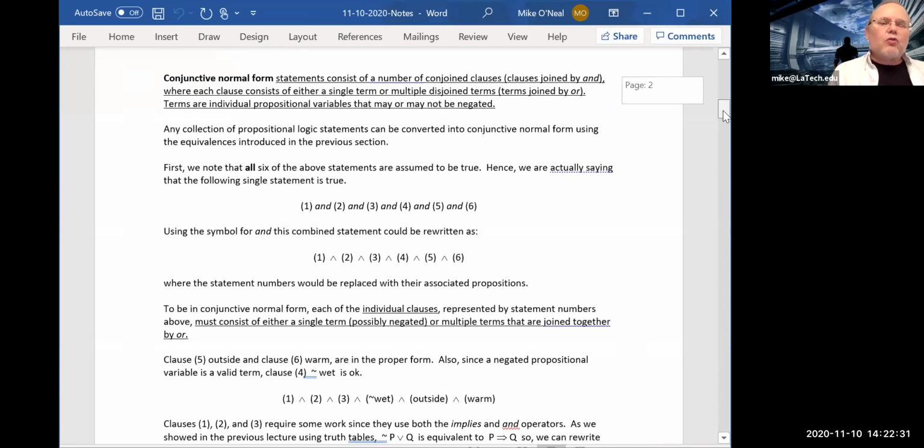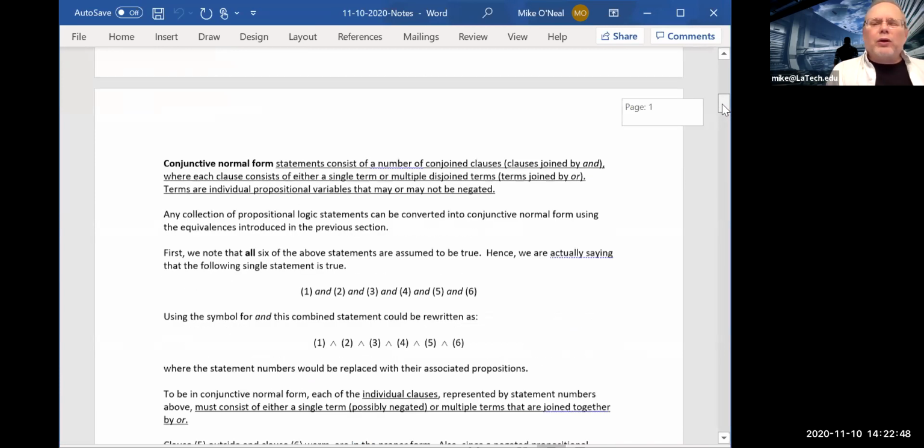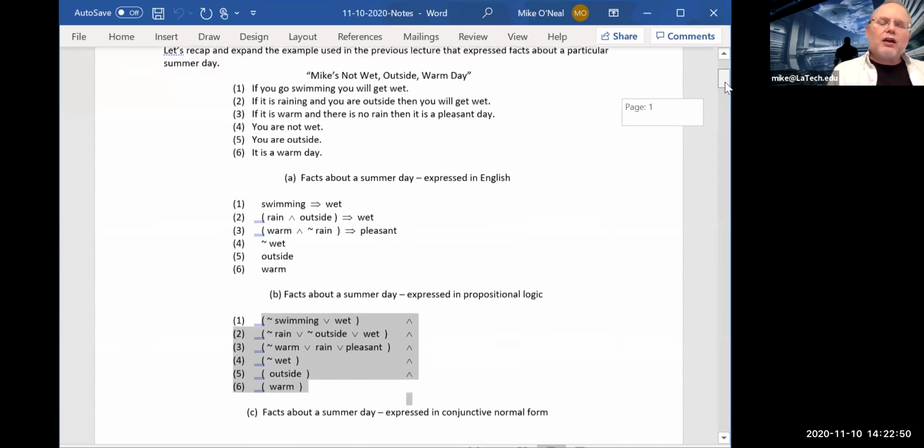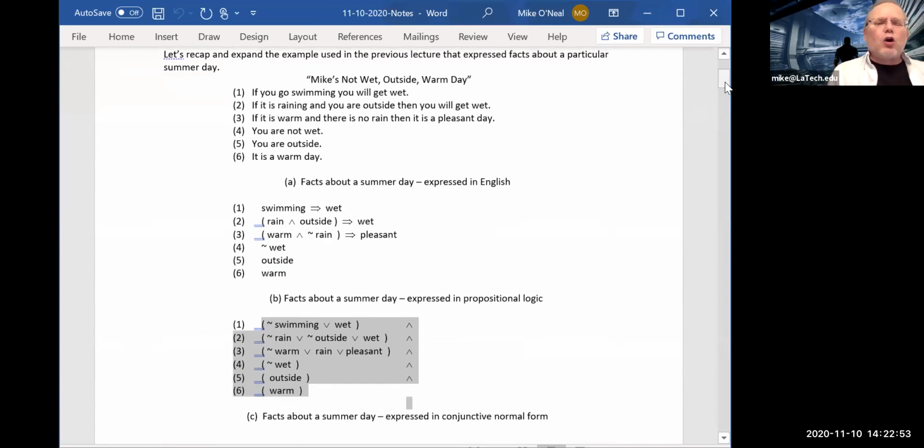Okay. The first thing is, where do all these ands come from? Any collection of propositional statements, what you're really saying when you write those statements is that all of them are true. We went back to that at the very beginning. If you're going to do automated reasoning, rules of inference like modus ponens, modus tollens, chaining of implication, normally we do those only on statements that we know to be true.